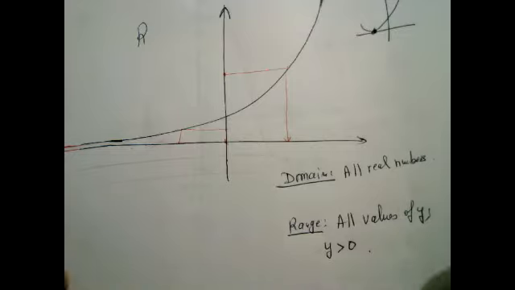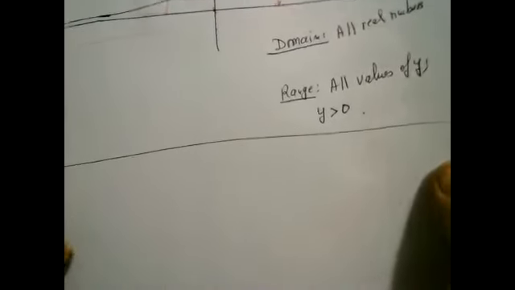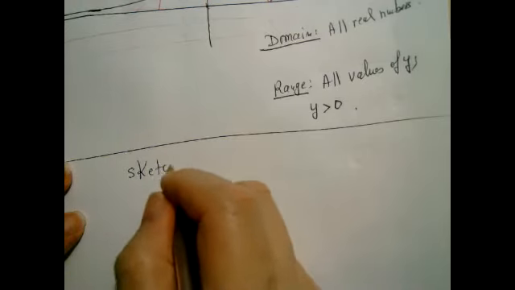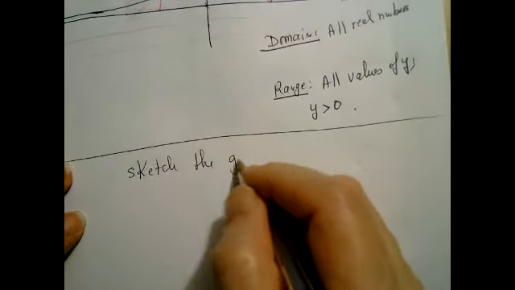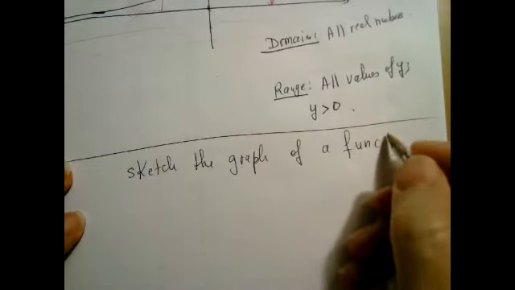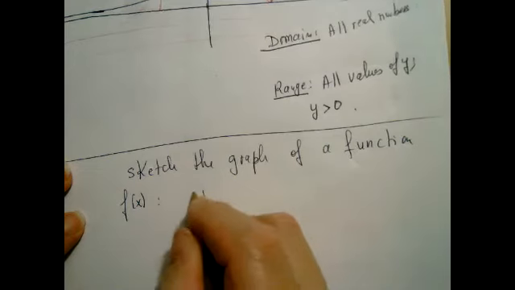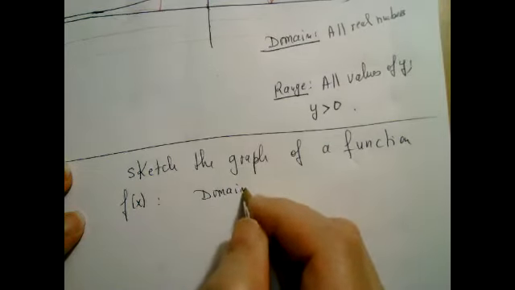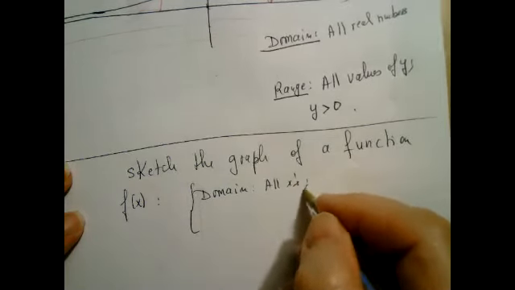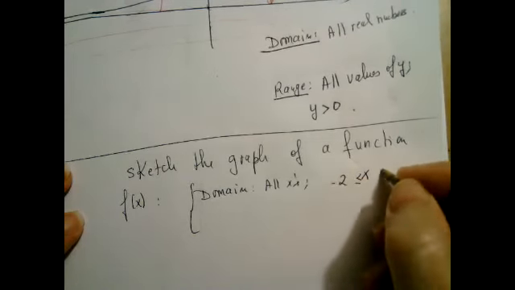So I'll finish this by asking you to do the following, just for the fun of it. Actually, your Moodle homework has a lot of those problems. Sketch the graph of a function f such that the domain is all values of x such that x is between, let us say, -2 and 5.